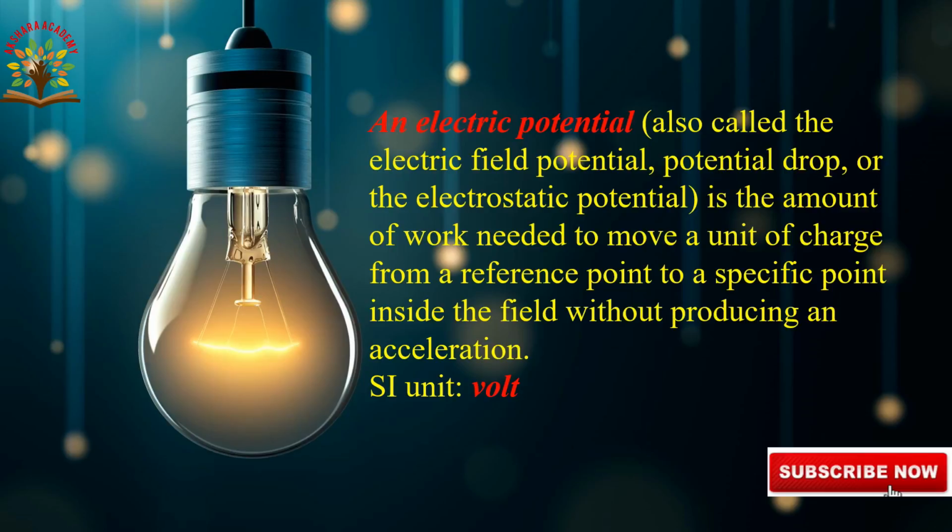So what is the electric potential? It is the amount of work needed to move a unit charge from a reference point to a specific point inside the field without producing an acceleration. The SI unit of electric potential is volt.